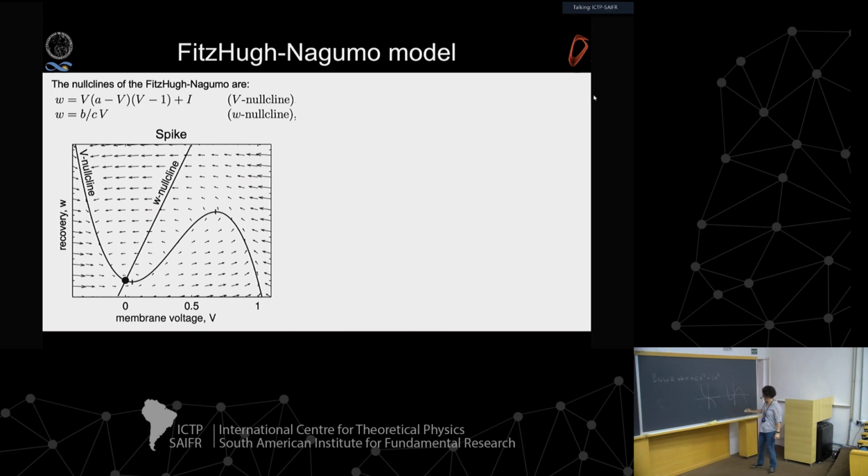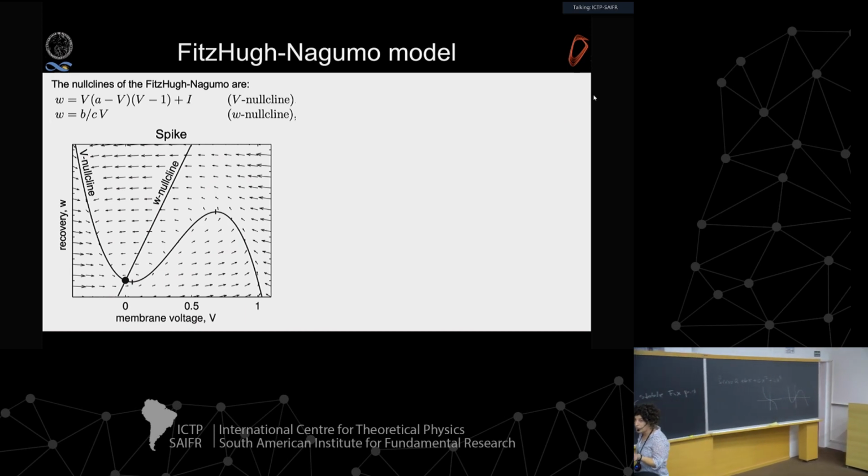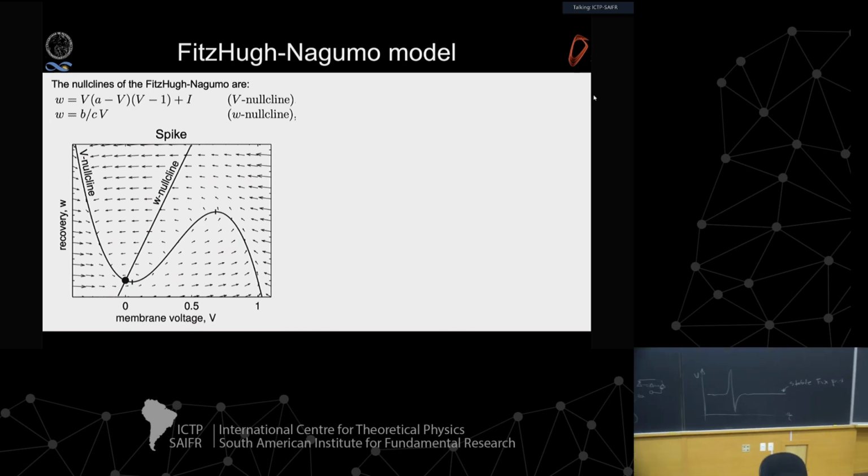And this shape is where you have a positive value near the origin. So whenever you have something like this N shape, you will have a spike. You have a dynamical system that is able to have a spike.